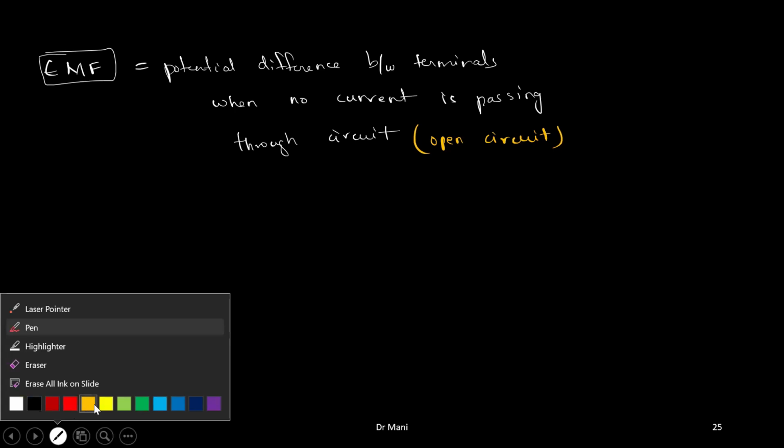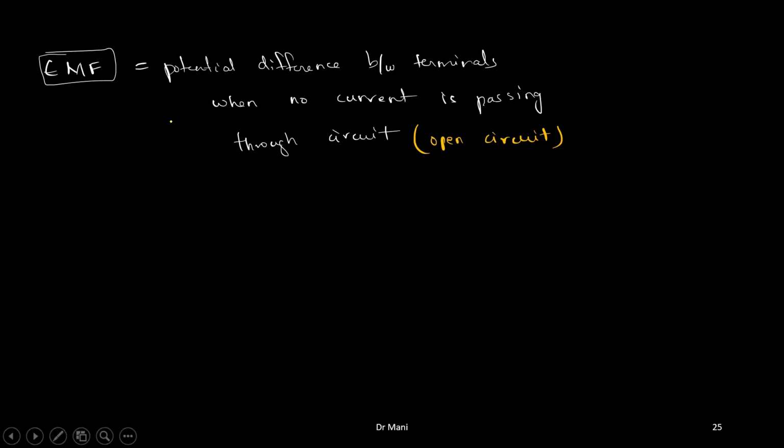It represents the maximum potential difference between the two terminals. It is also called the open circuit voltage because you measure it when current is not passing. Clear?